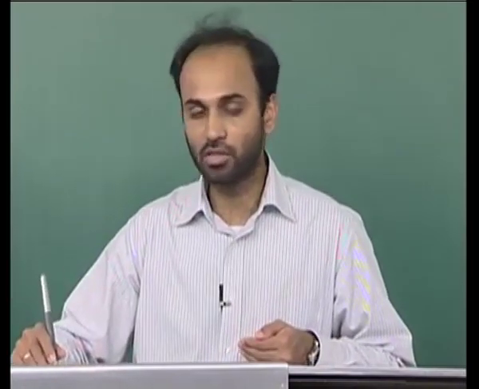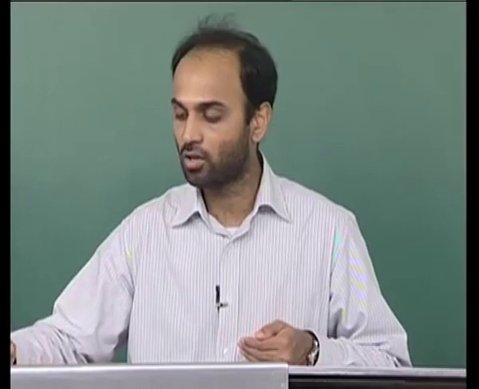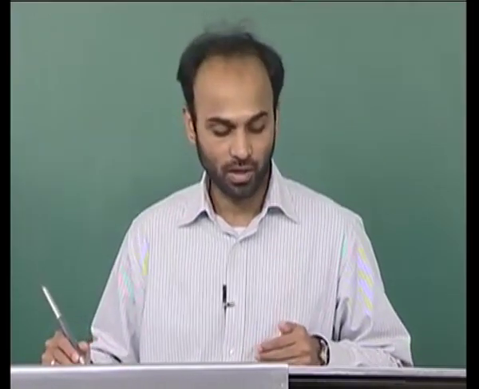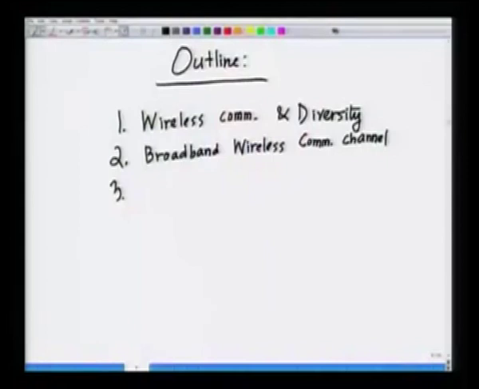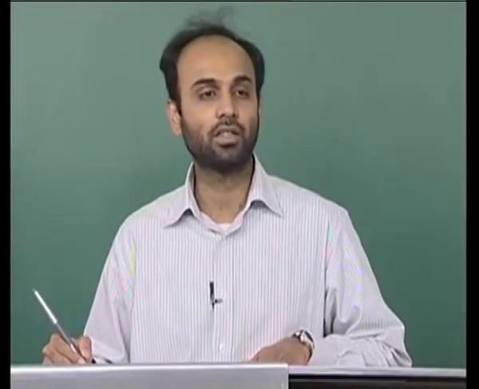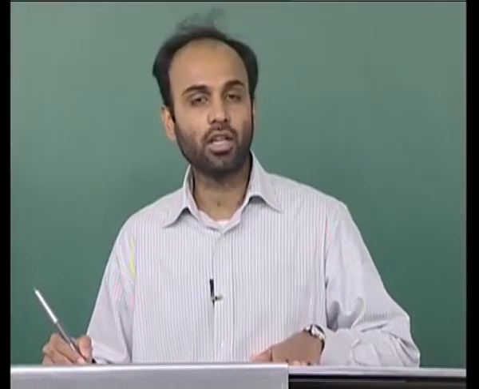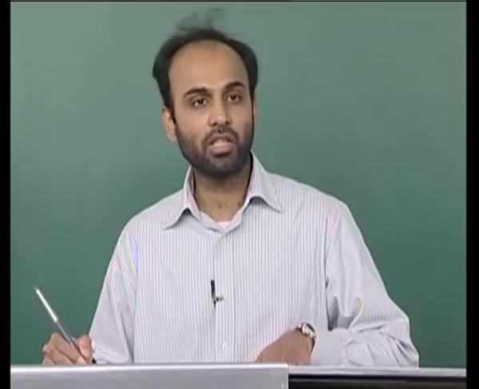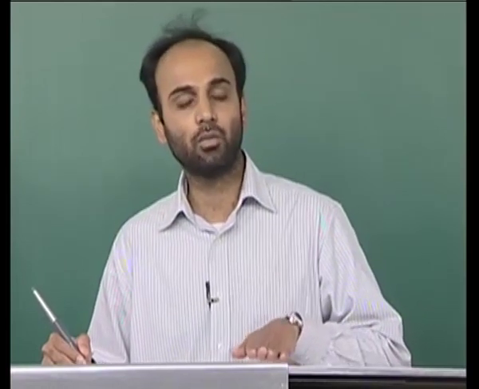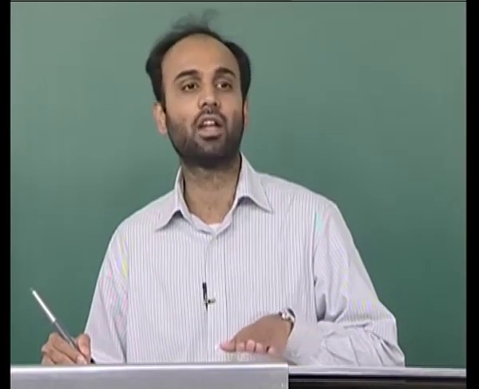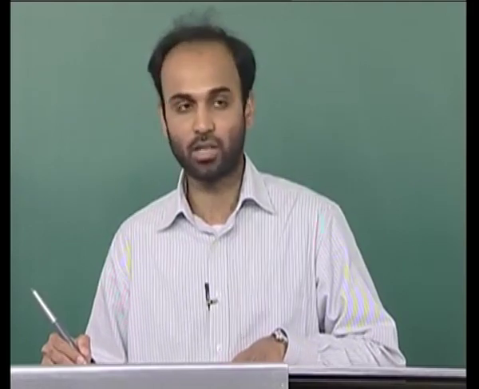So, we will devote sufficient time to understand the nature of the broadband wireless communication channel. Then we will start discussing the key technologies that make possible 3G and 4G wireless communication systems, or in other words, those principles on which third generation, 3.5 generation and fourth generation wireless communication systems are built.